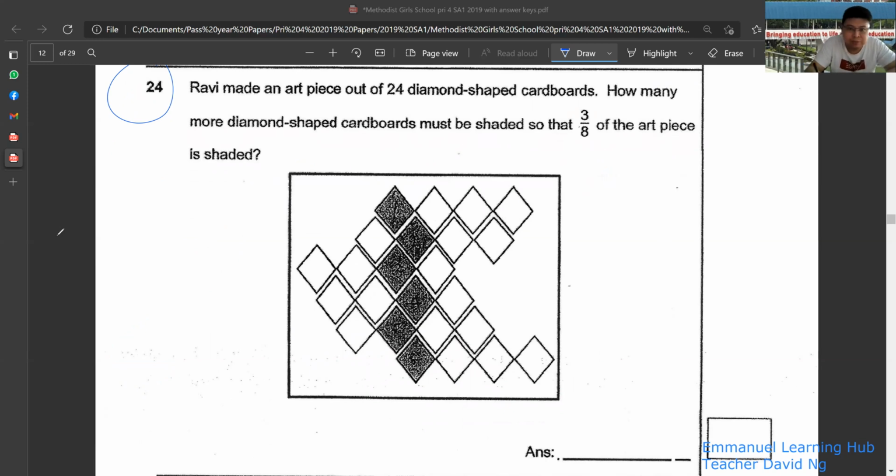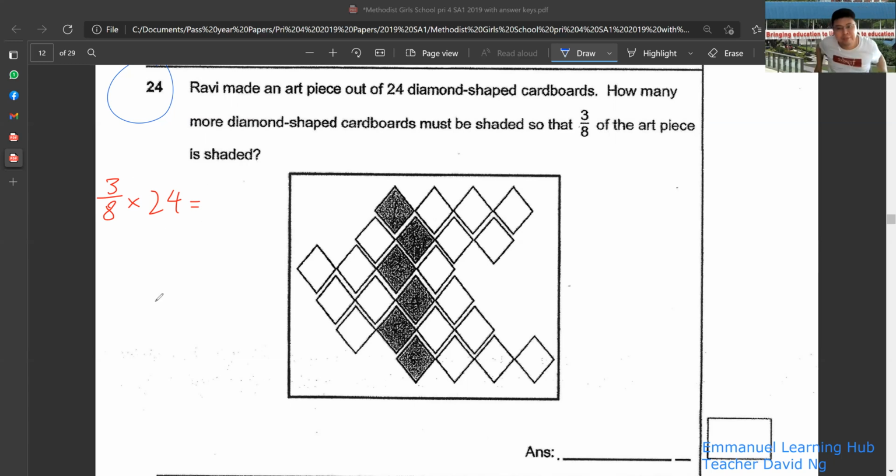Okay, first you need to investigate what is 3/8 of 24. 3/8 times 24 equals how many? Can you do this one for me?